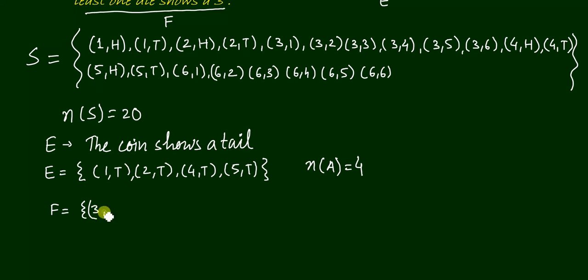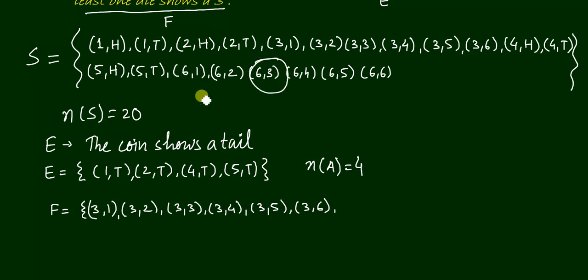So 3 1, 3 2, 3 3, 3 4, 3 5, 3 6, and one more is there, it is 6 3, here also the second die shows 3. So the number of elements in F is 7.